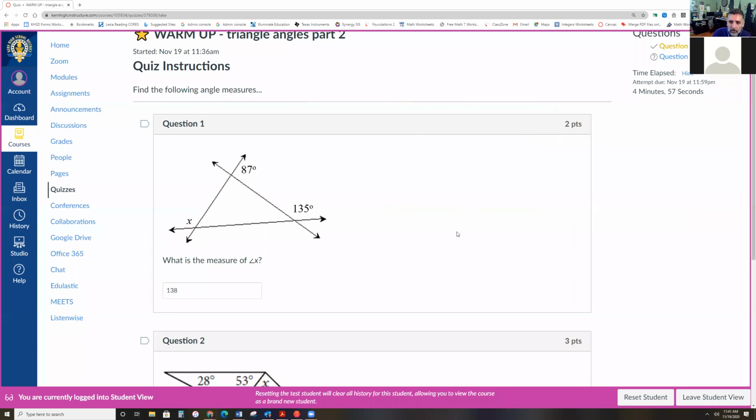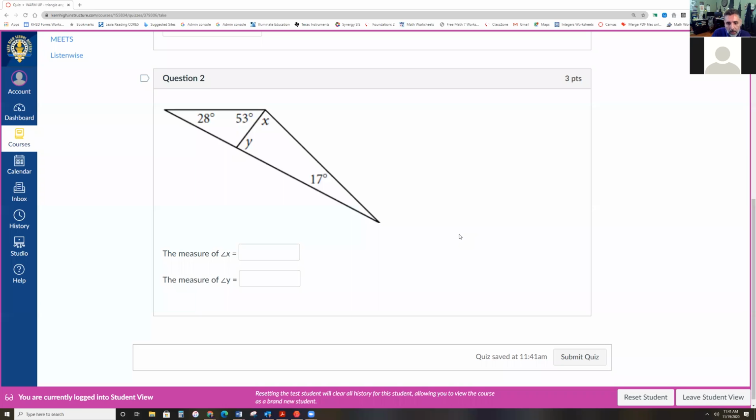All right. Let's move on to the next one. The next one, again, you have to be able to pull these triangles apart and deal with them separately. I see one triangle that has 28 degrees here and 53 degrees here. I can figure out that last angle measure because the triangle sum conjecture tells me the three angle measures of the triangle add up to 180.